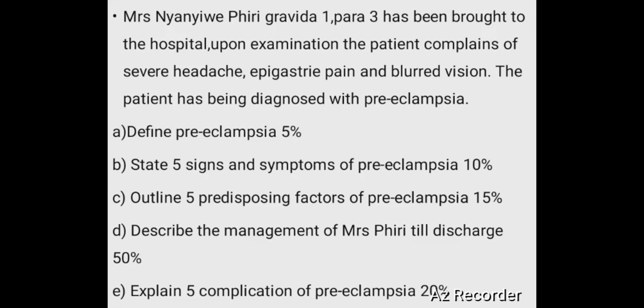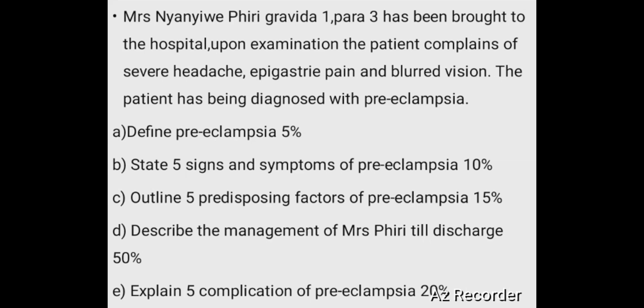Then another complication is intrauterine fetal death, of course. This is a complication which comes as a result of reduced blood supply to the placenta, which may lead to poor oxygen supply to the fetus, and the baby can die.